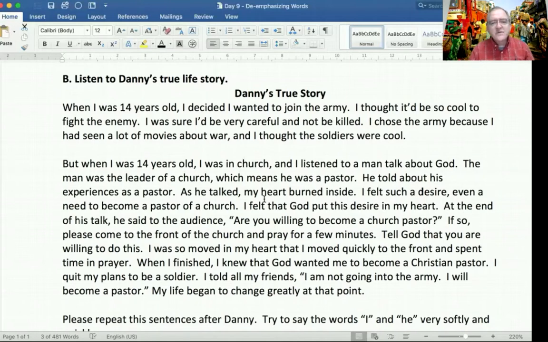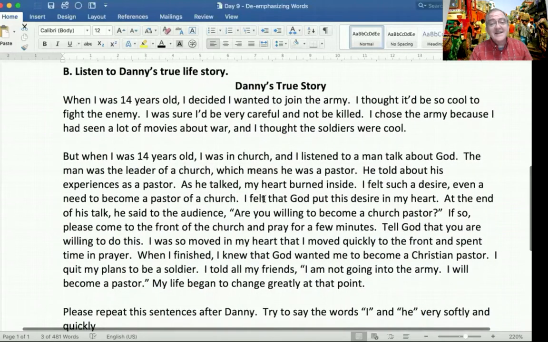I was so moved in my heart that I moved quickly to the front and spent time in prayer. When I finished, I knew that God wanted me to become a Christian pastor. I quit my plans to be a soldier. I told all my friends, "I'm not going into the army. I will become a pastor." My life began to change greatly at that point.